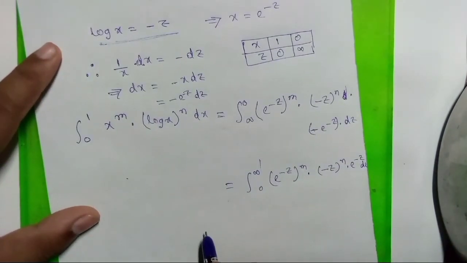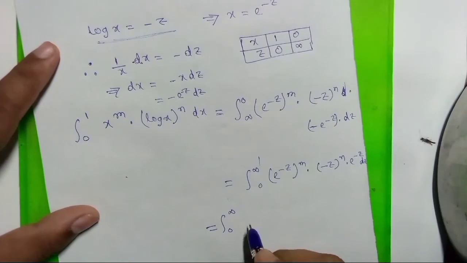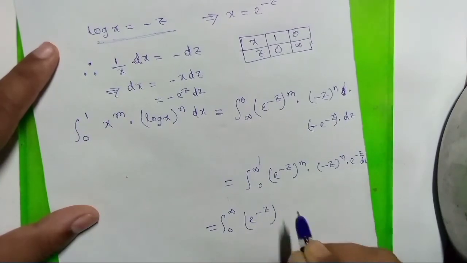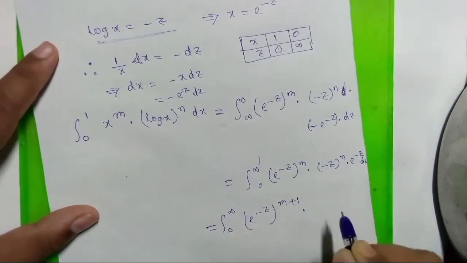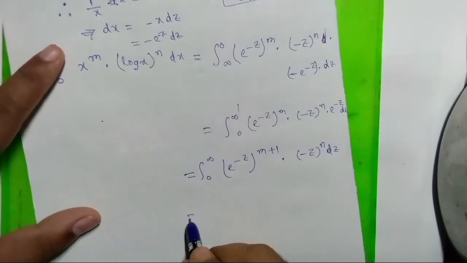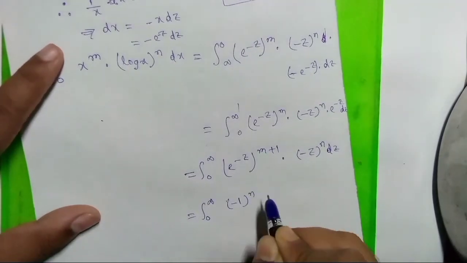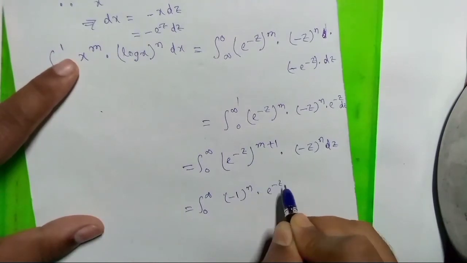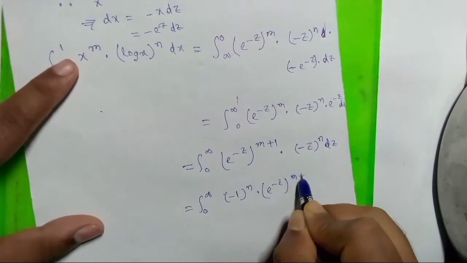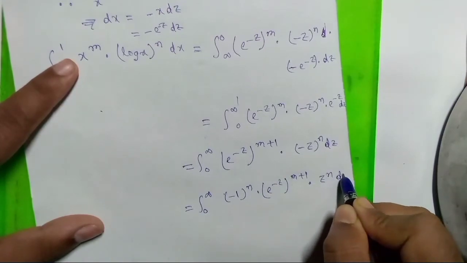So the integral from 0 to infinity of e to the power minus z (m plus 1) times (minus z) to the power n dz, and this is the integral from 0 to infinity of (minus 1) to the power n times e to the power minus z (m plus 1) times z to the power n dz.